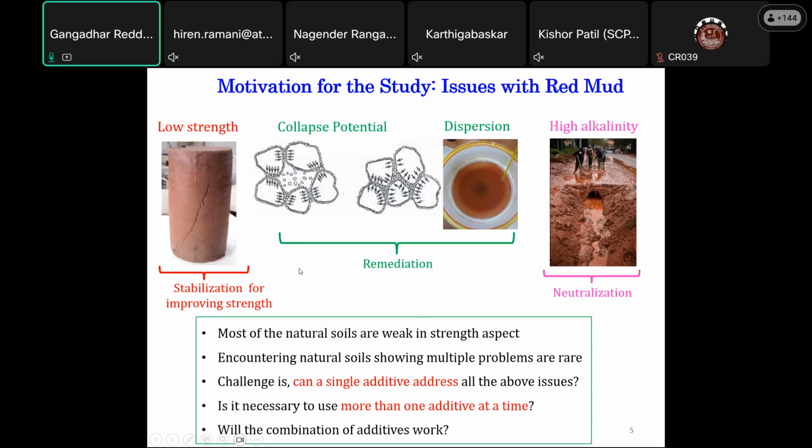What I have done in this work is to examine whether we can use a single additive to solve all these issues, or whether we need any other material in combination with the single additive, so that we can eliminate the challenges encountered in these multiple problems.